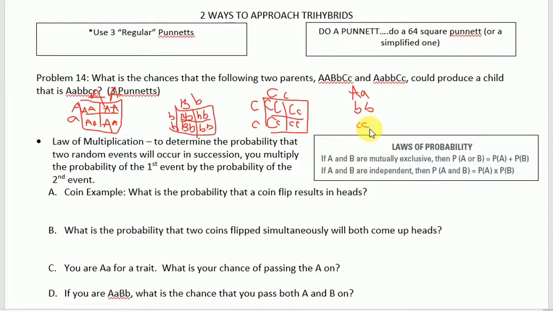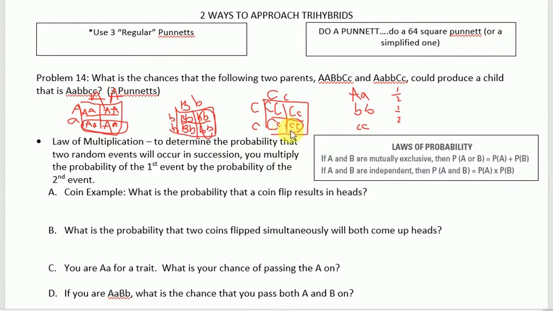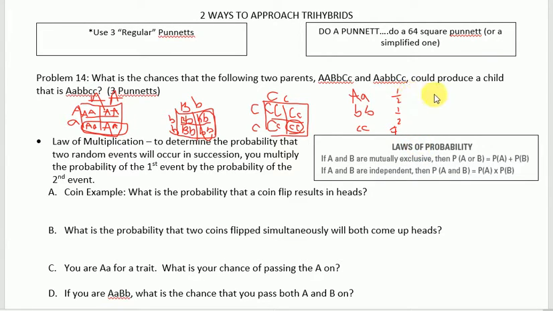In this case, we have half that are big A, little a, and half that are little b, and then 1 out of 4 that is little c. We multiply all of those, and we end up with 1/16.